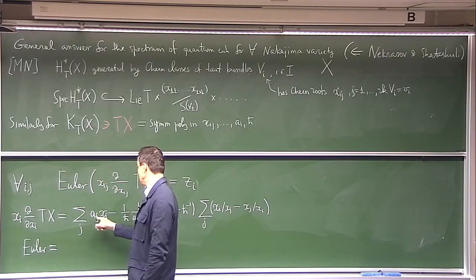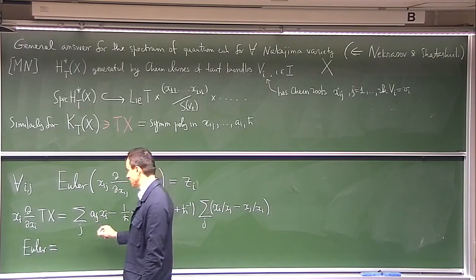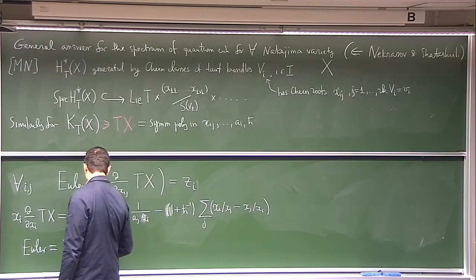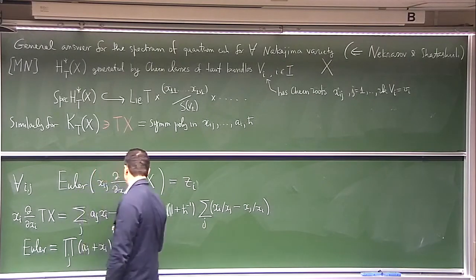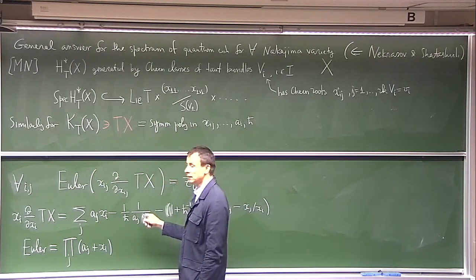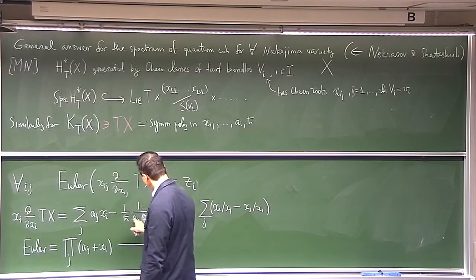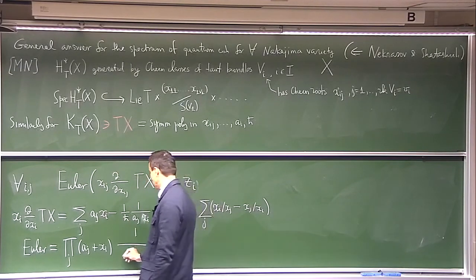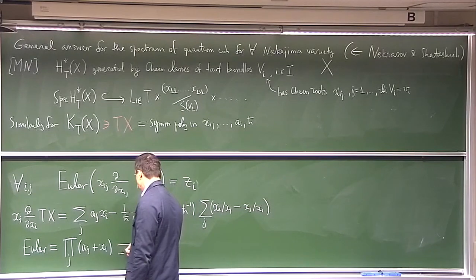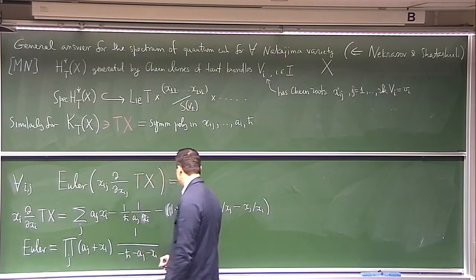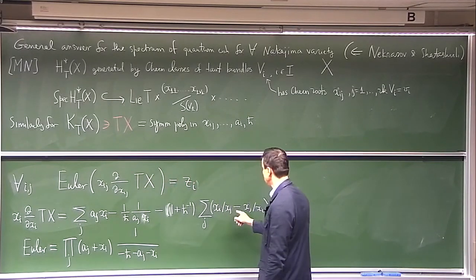This means I take the product of the corresponding equivariant weights. So it's going to be a product over j of aj plus xi. Now this one comes with the minus sign, and so they will go in the denominator, so it will be 1 over, and they all come with the 1 over, so it's going to be the product over minus h bar minus aj minus xi.